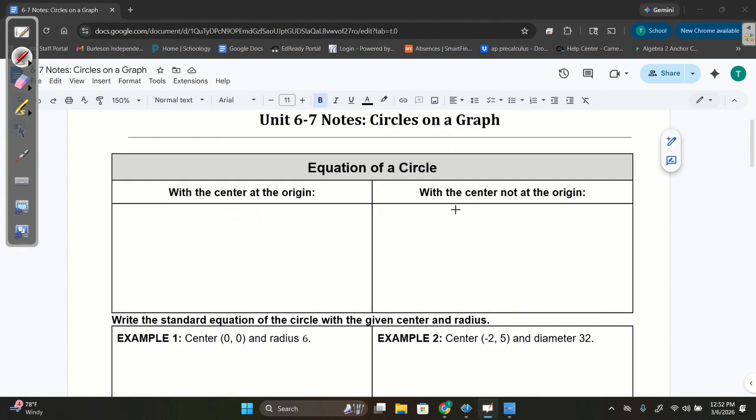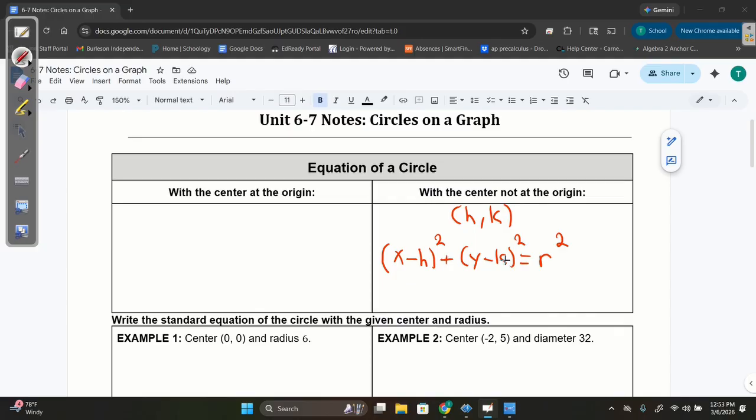Over here, if I've got my center located at (h, k), h being the x value of the center and k being the y value of the center, then I can use this equation to make a circle. (x minus h) squared plus (y minus k) squared equals the radius squared.